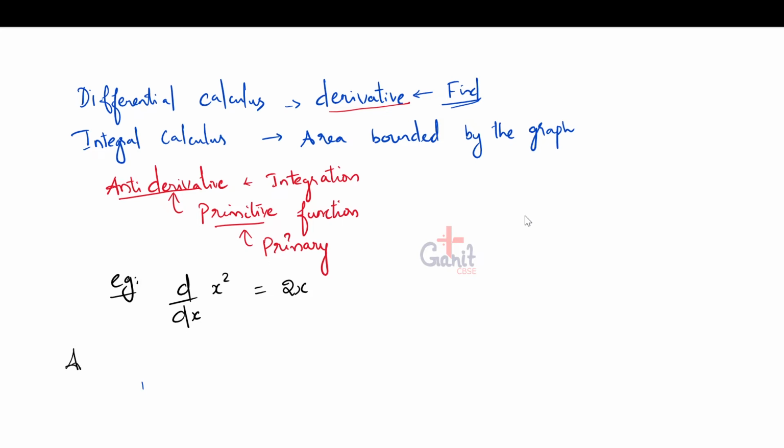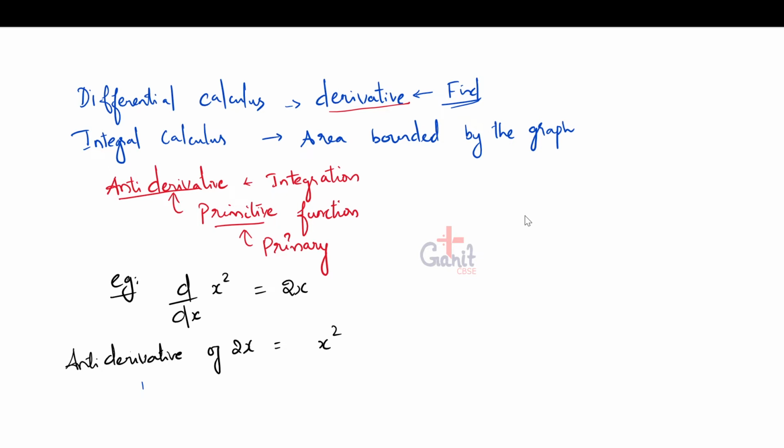So when we find the antiderivative of 2x, the antiderivative of 2x is x square. So the antiderivative is nothing but the inverse of the derivative. The derivative is 2x, so the inverse of the derivative will be the function from which you got the derivative. So the antiderivative of 2x is x square.